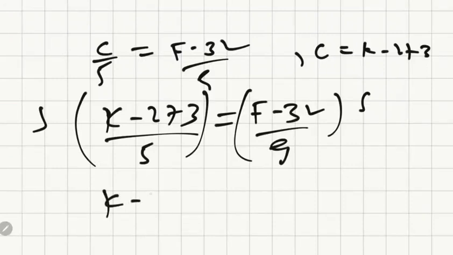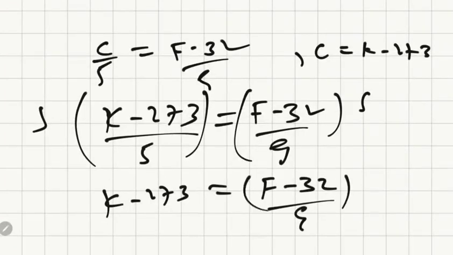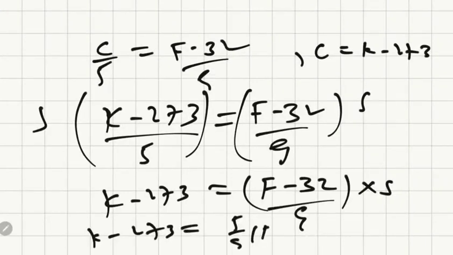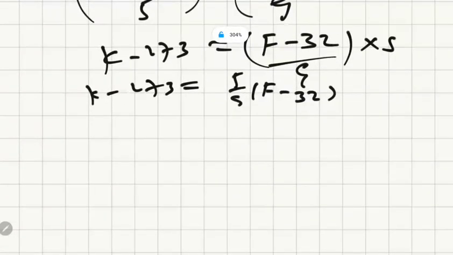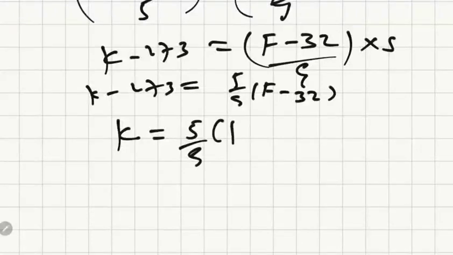K minus 273 is equal to F minus 32 over 9 times 5. Simply, K minus 273 is equal to 5 over 9 of F minus 32. All right, so when you solve for K, K is equal to 5 over 9 of F minus 32 plus 273. This is the relation.